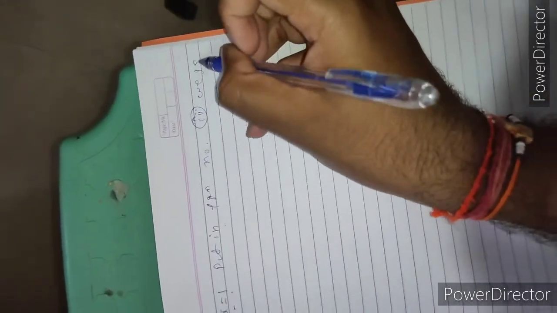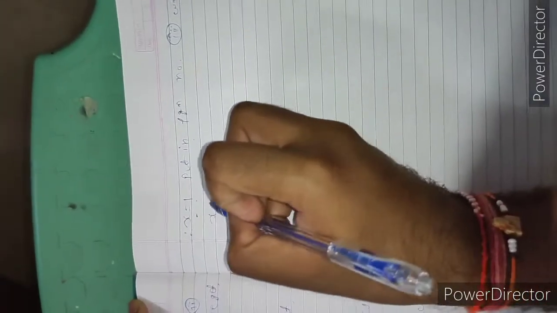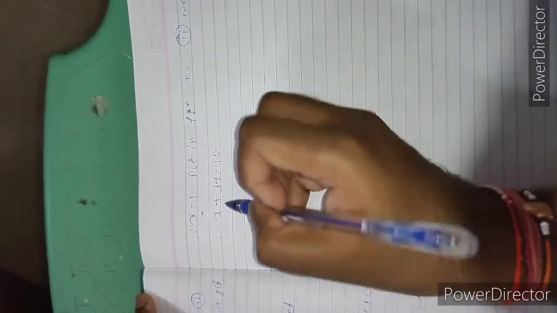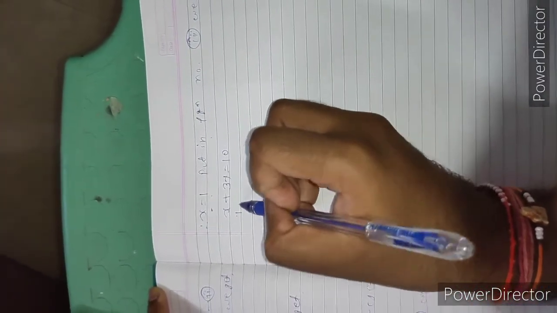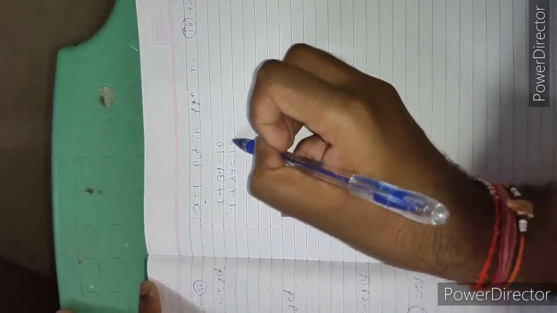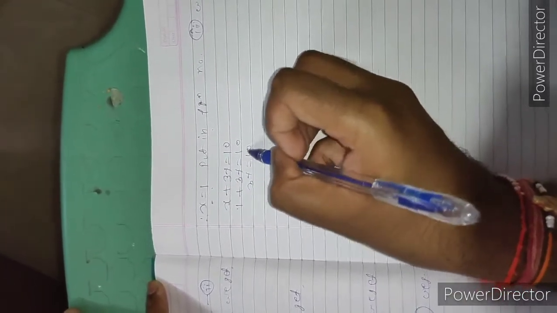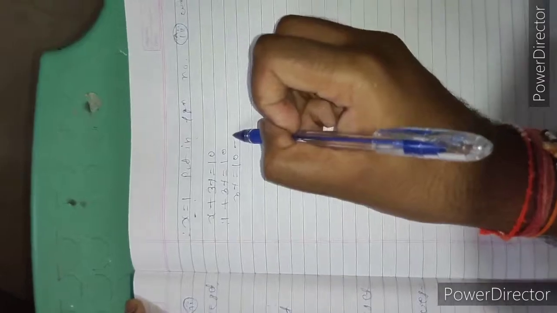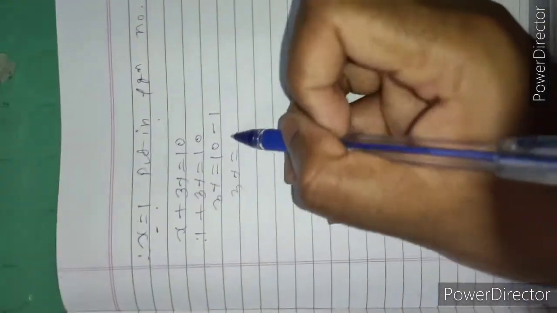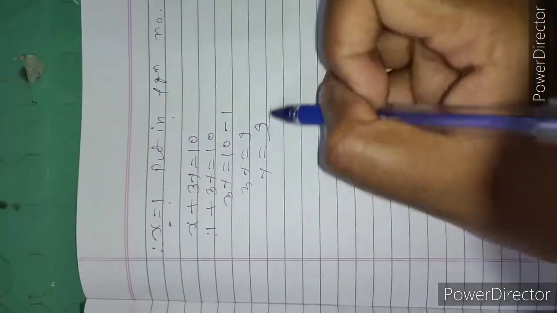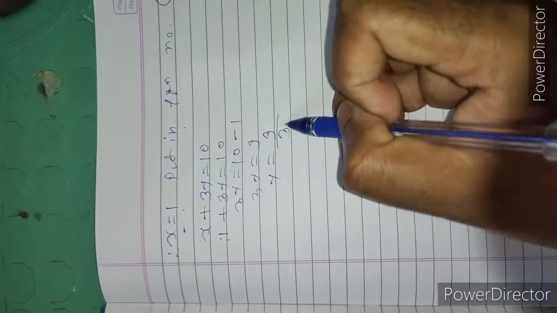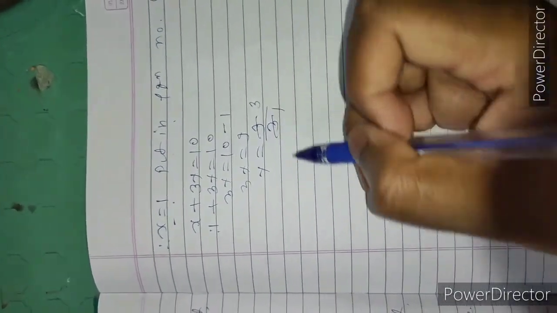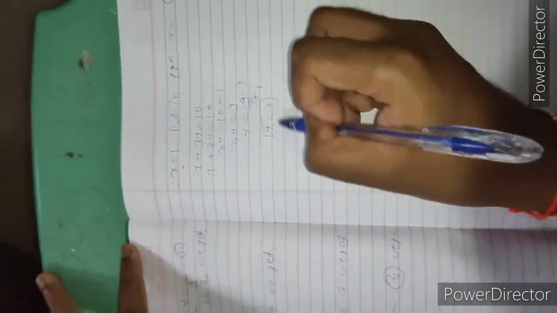We get x plus 3y is equal to 10, so in place of x, 1 plus 3y is equal to 10, so 3y is equal to 10 minus 1, so 3y is equal to 9. The 3 is multiplying here, so it comes as divide, 3 3s are 9, so y is equal to 3.